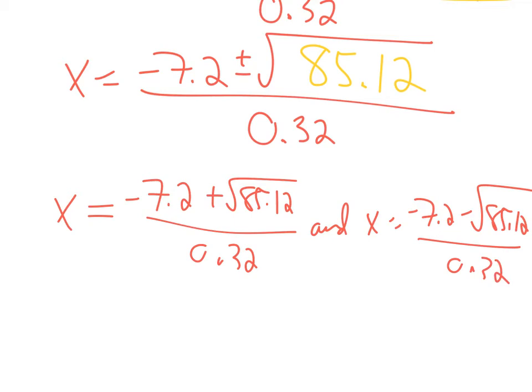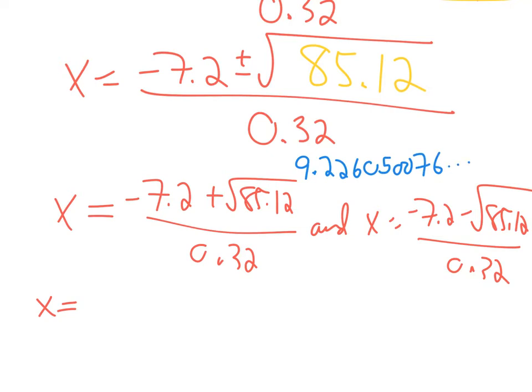So on the left, the addition we'll do first. So the square root of 85.12 becomes a long decimal, 9.2260500076. I'm just going to make a note of it here, but I'm going to leave it on my screen. 9.2260500076, and it continues.